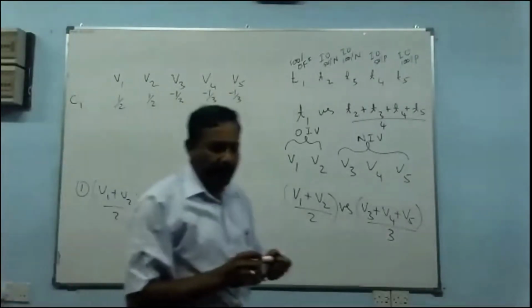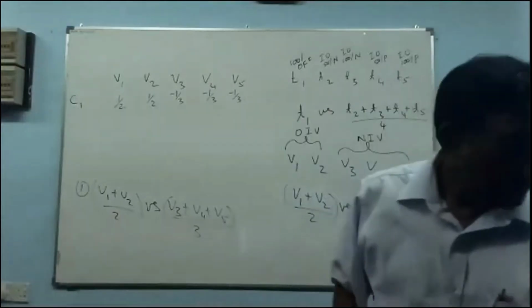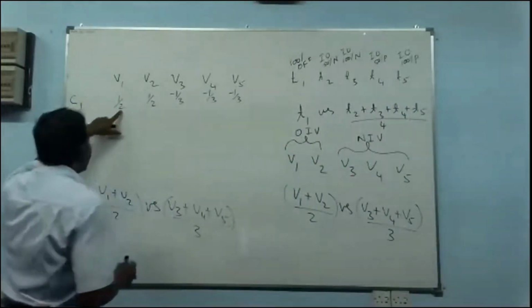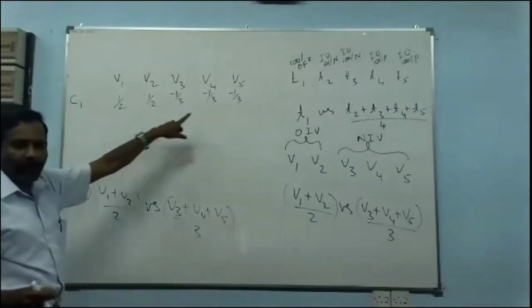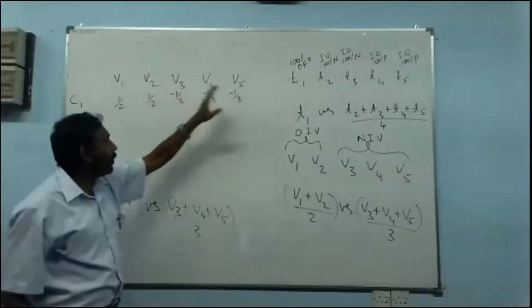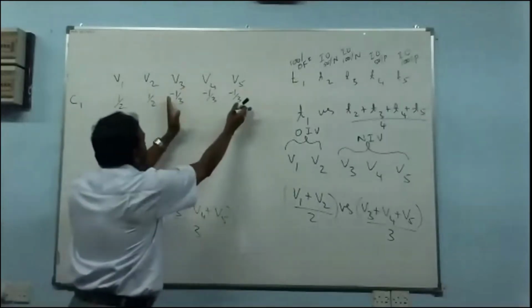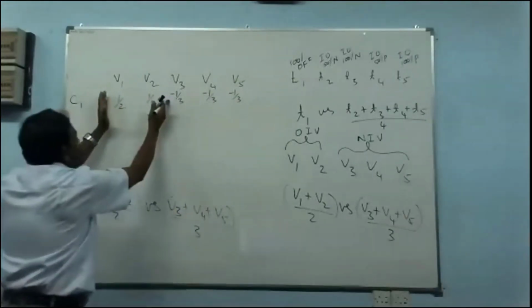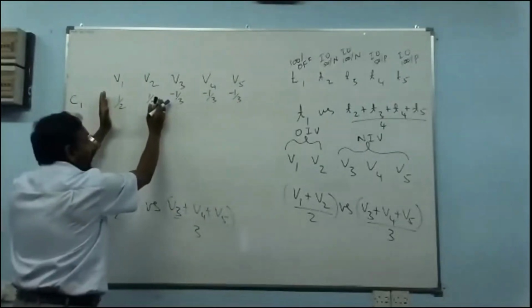Look very carefully at the board. So here are the coefficients I have given for each variety, V1, V2, V3, V4, V5. V3, V4, V5 come into one group, V1 and V2 come into another group, right?